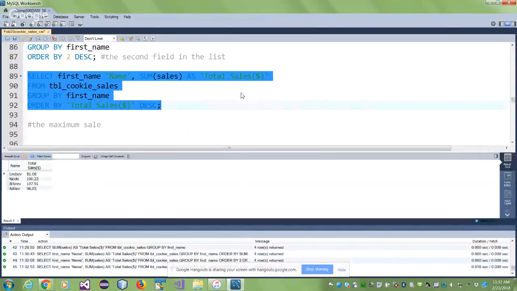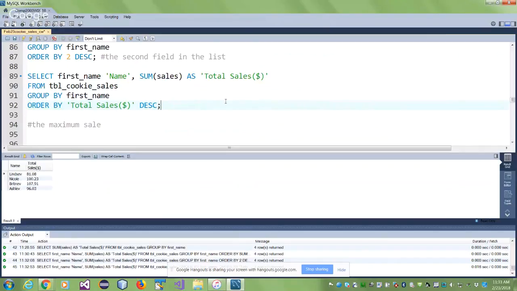Oh, no. Why is it not in any order at all? So this is not working. There's no syntax error, but logically it is not working. Notice there is no ordering.